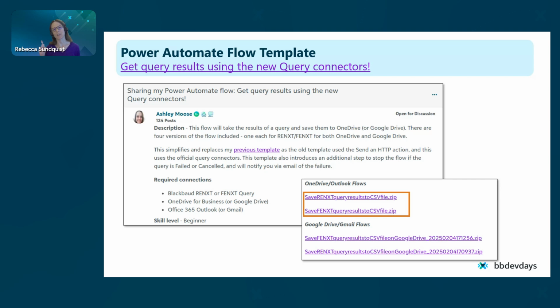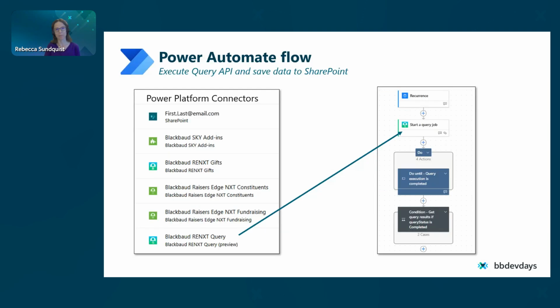So instead of being limited to those get list endpoints, you can get your query result through the flow that Ashley's published out here. I'll provide some more information at the end about how you can learn more about how to import that flow and action on it. Here's a little peek at what that flow looks like.